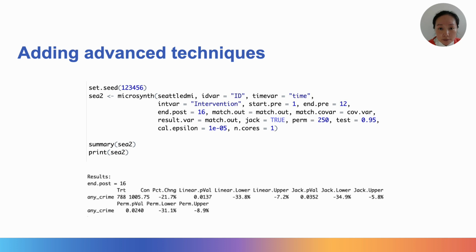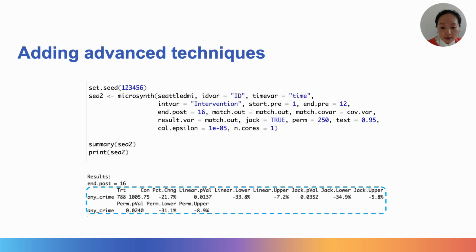rerun our model. We can see the result, the linear estimate stayed the same as our basic model. What is interesting is the jackknife outcome. For the jackknife outcome, the mean estimate stayed the same, but the confidence intervals get wider, and the p-value gets a bit bigger.